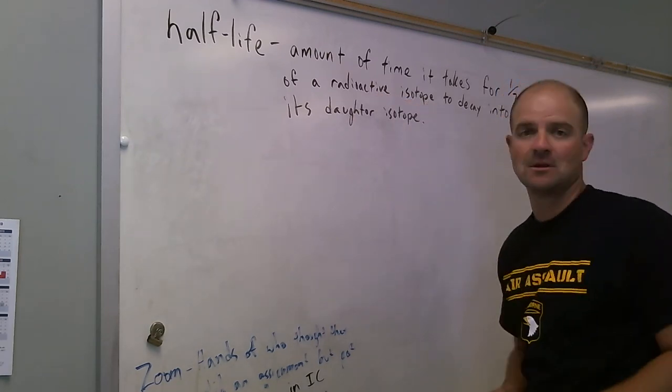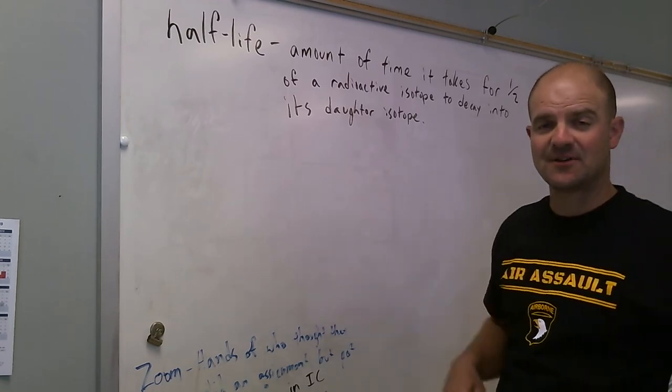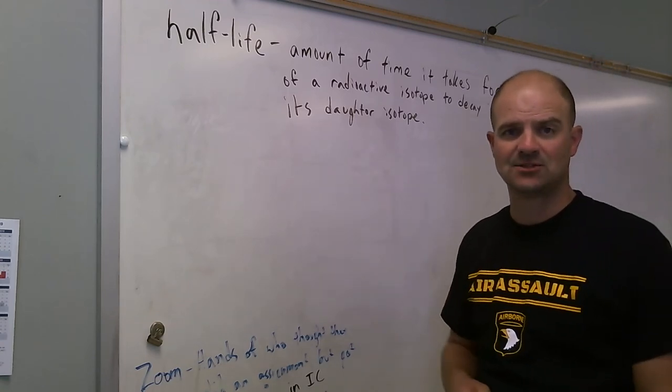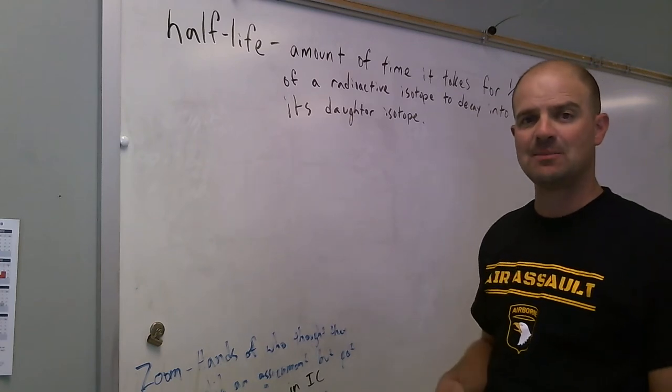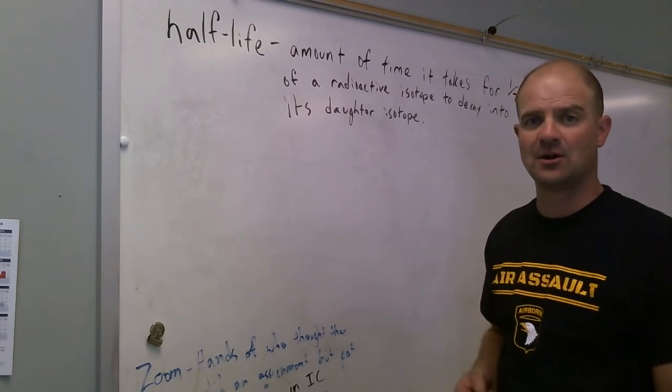Okay. Now, that radioactive isotope, we call it a parent isotope. Once it decays, it becomes more stable, and we call that the daughter isotope.